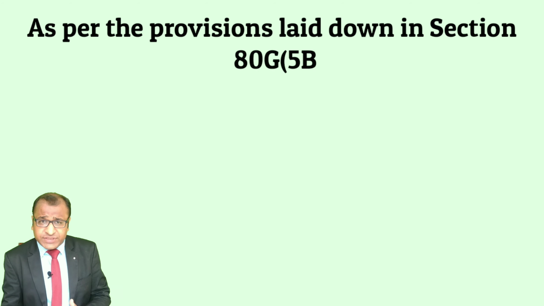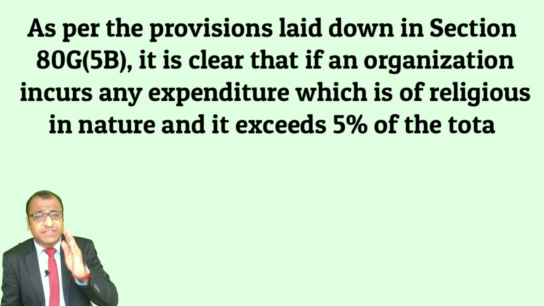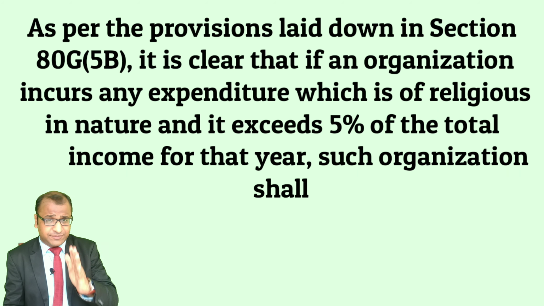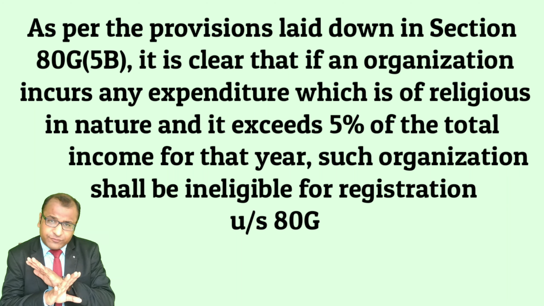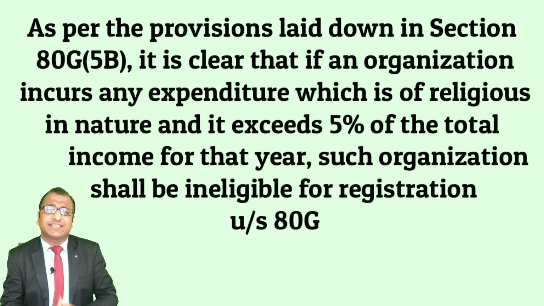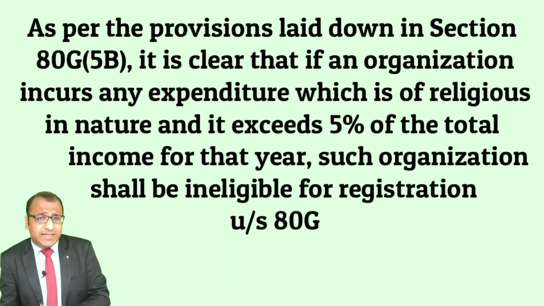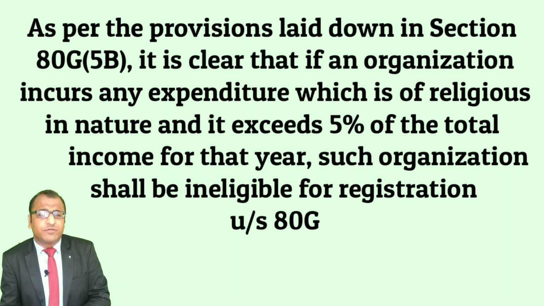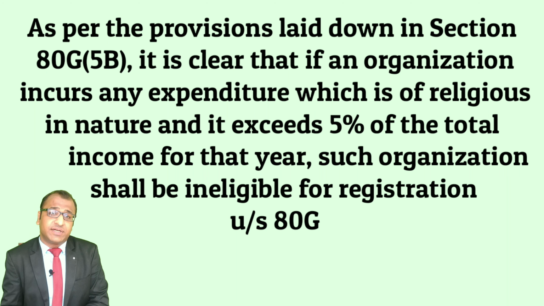As per the provisions laid down in section 80G subsection 5B, it is very clear that if an organization incurs any expenditure which is of religious nature and it exceeds 5% of the total income for that year, such organization shall be ineligible for registration under section 80G.